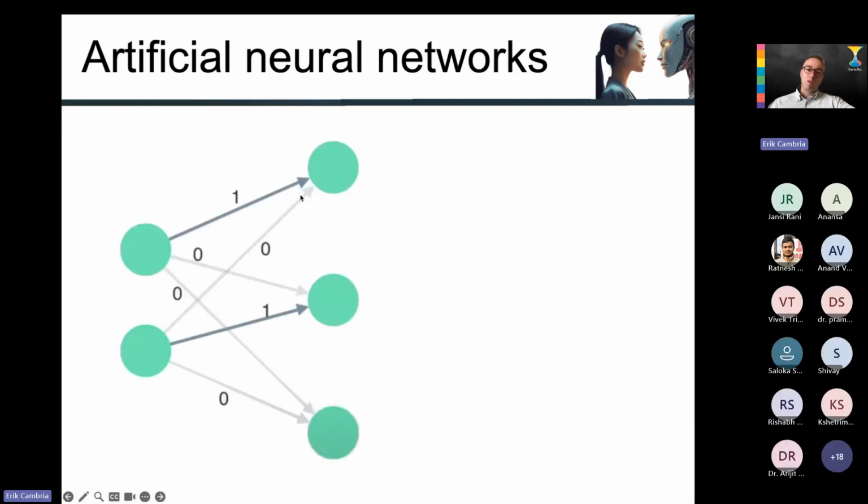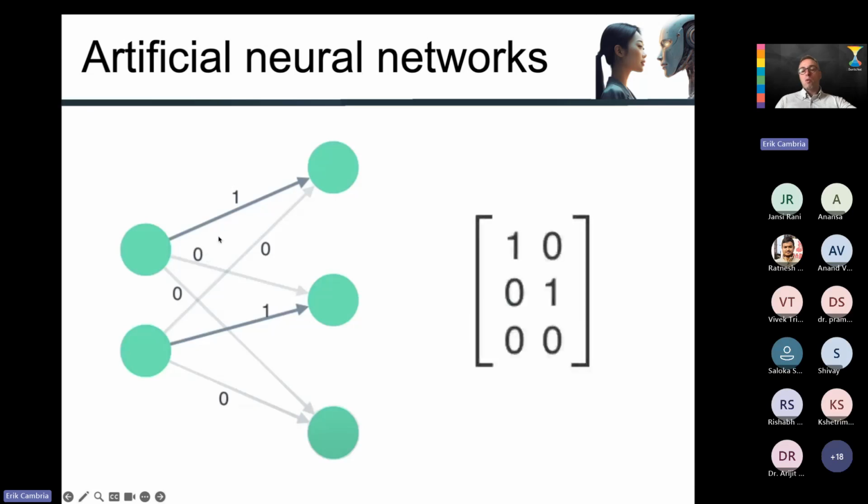Those matrices are just representing how those nodes are connected or disconnected. Here, for simplicity, I'm just using ones and zeros. To represent which node is connecting to which other node, I can just have a matrix like this. This matrix is telling me which edges are active or inactive.